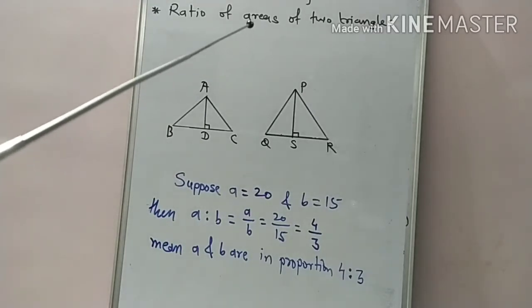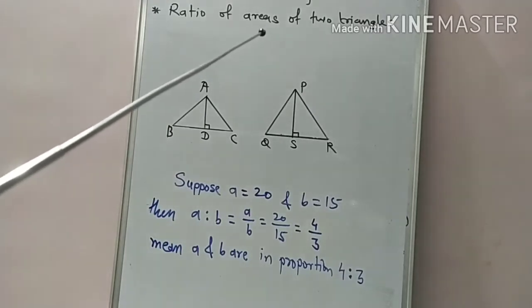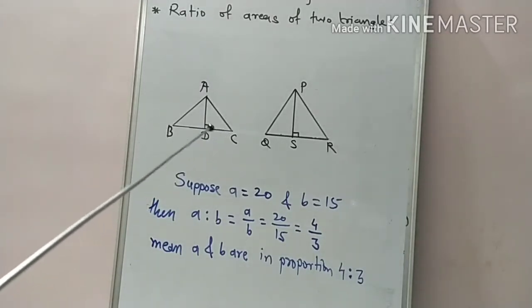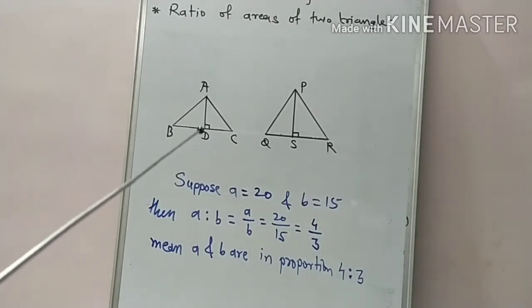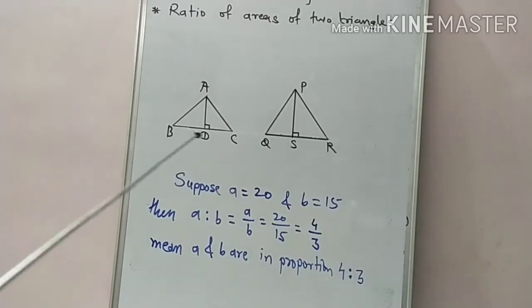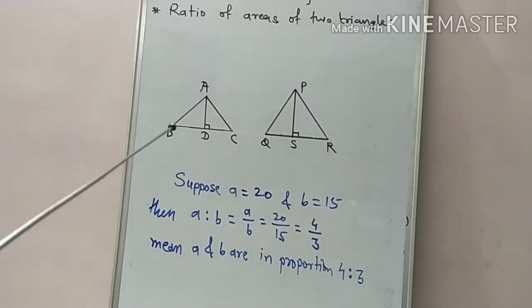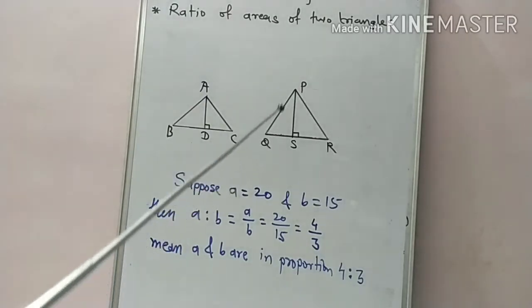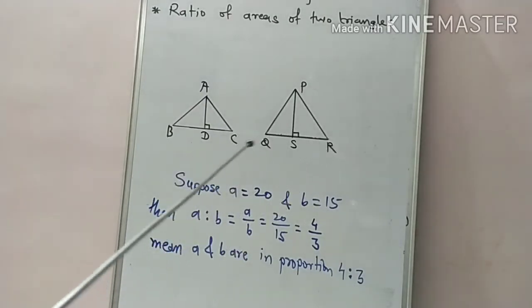First we have to write the formula of area of a triangle. In triangle ABC, I draw one perpendicular on side BC, that AD is perpendicular to BC. Similarly, as you notice, PS is a perpendicular on side QR.